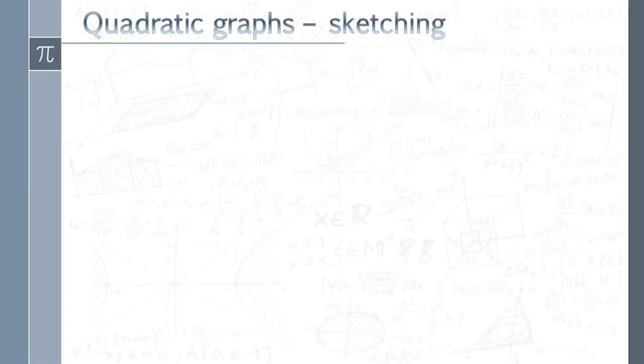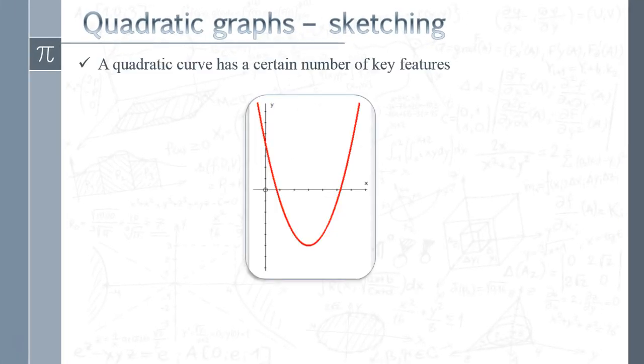So here we go. If we're going to sketch a curve, it's got a certain number of key features that we need to identify and that the exam question will be very specific about asking you for. The first of those would be the y-intercept, which is where the curve cuts through the y-axis, and as with our y equals mx plus c, the y-intercept is always just the constant term in the equation.